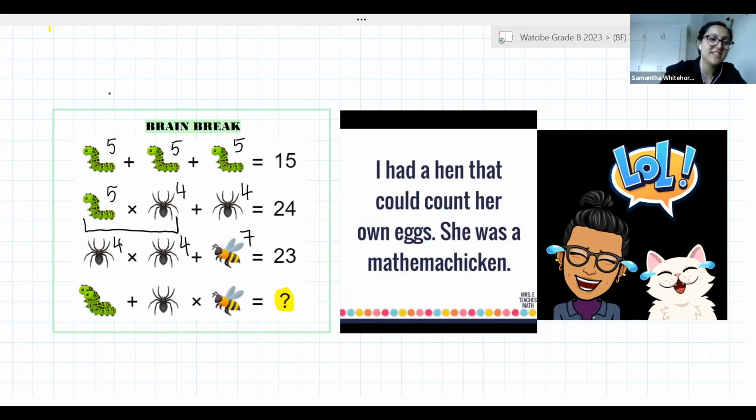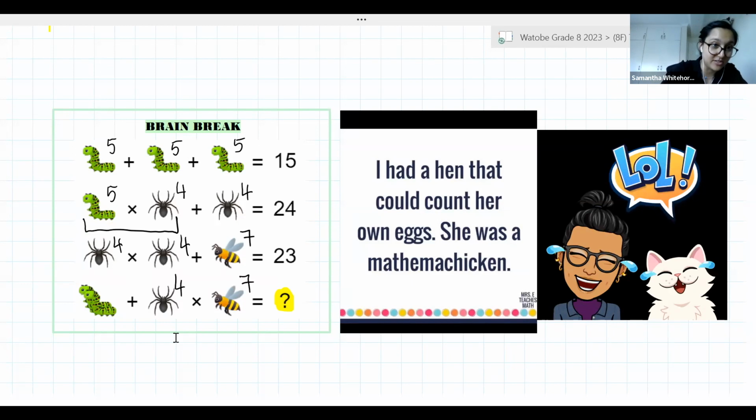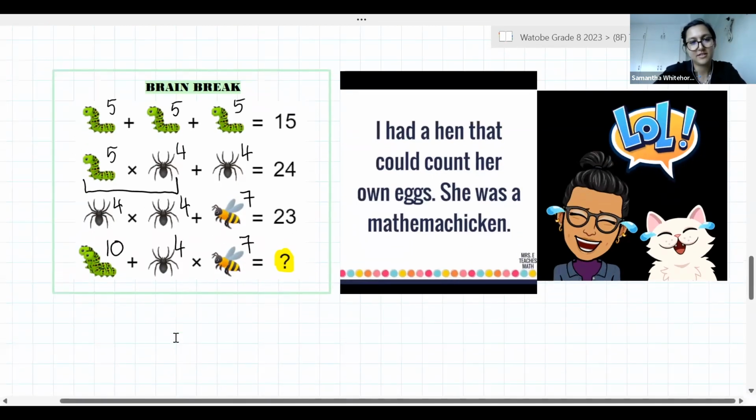And then the two caterpillars would equal 10, because 5 plus 5 is 10. Good. And then the whole thing will be 4 times 7, which is 28, plus 10 is 38.